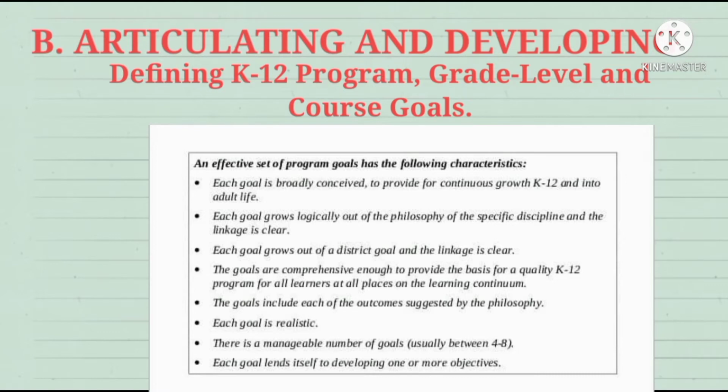The goals include each of the outcomes suggested by the philosophy. Each goal is realistic. There is a manageable number of goals, usually between 4 to 8. Each goal lends itself to developing one or more objectives.